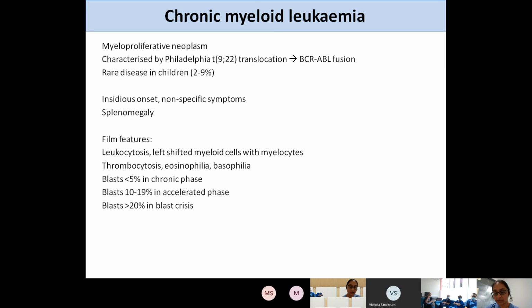If you have less than 5% blast, that's chronic phase. Between 10 to 19% blast, you worry that the patient is in an accelerated phase and about to transform into an acute leukemia. And if you have blast of greater than 20%, that's blast crisis. And the treatment is usually with a tyrosine kinase inhibitor, such as imatinib.